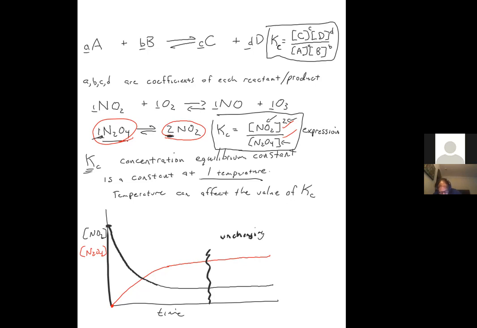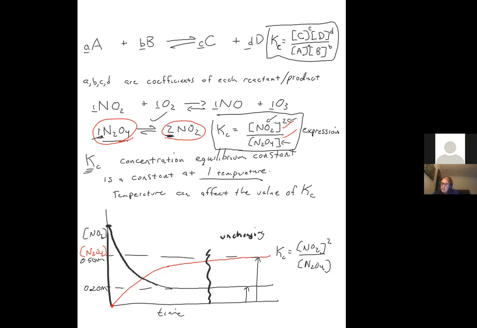What we would say is Kc would be the concentration of NO2 squared over the concentration of N2O4, based on that balanced equation there. So you could actually measure these concentrations and figure out what they are. Let me make up some numbers. For example, suppose this is 0.2 molar, and suppose this is like 0.5 molar.